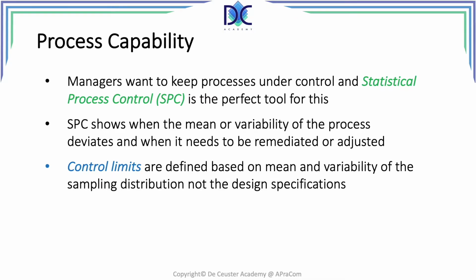We determine the control limits, and the control limits are based on the mean and the variability of the sampling distribution. And they're basically not determined from the design specifications.